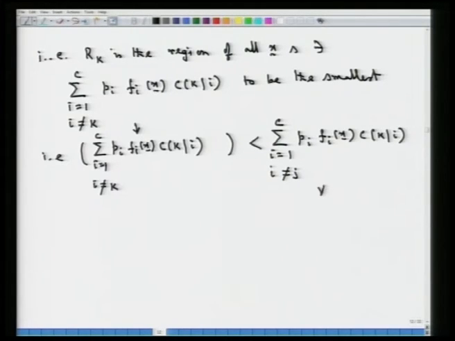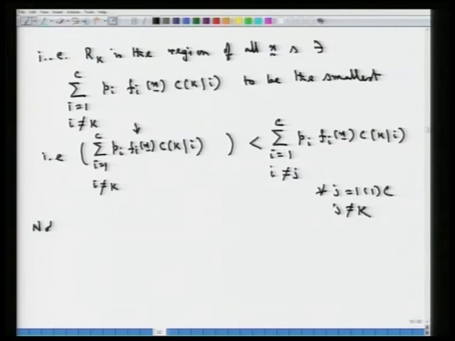This is for every j equal to 1 up to c, and j is not equal to k. So, we will be looking at all such sums, deleting a particular index, and the region R_k is going to be the region of all such x's for which this left hand side is less than the right hand side out here.